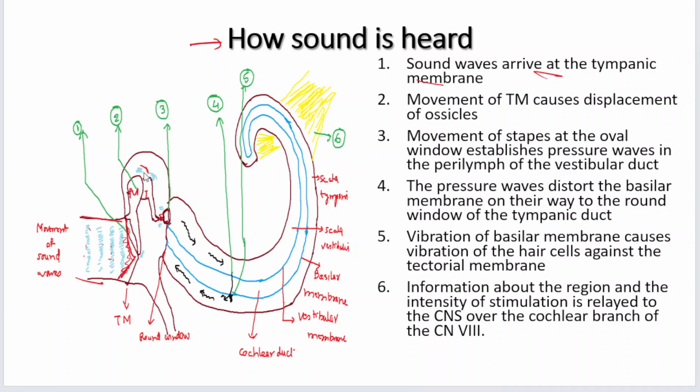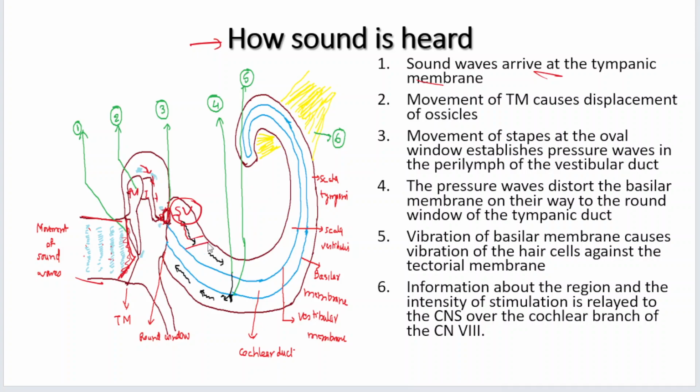This causes displacement of the ossicles, and finally we have the footplate of the stapes, which is at the oval window, which is going to cause a pressure wave in the scala vestibuli of the cochlea.